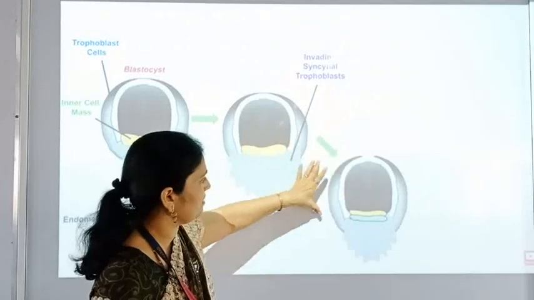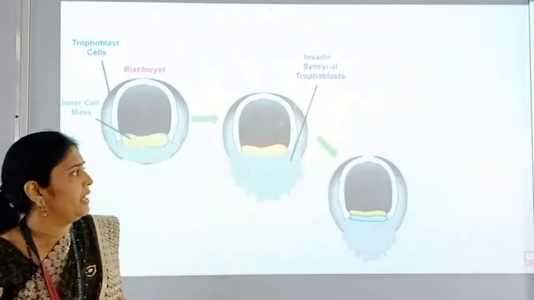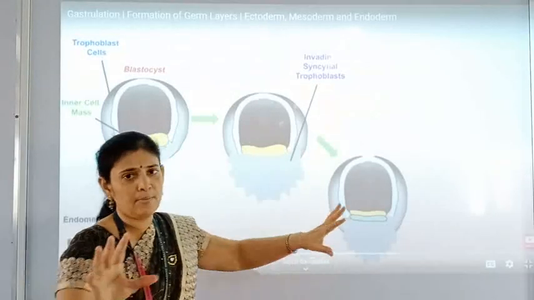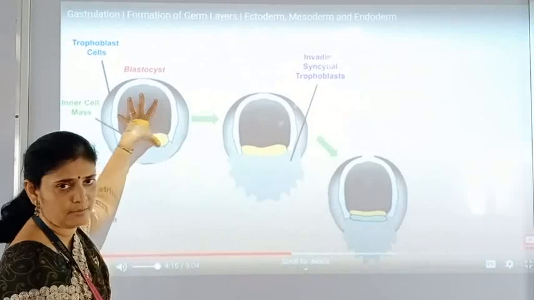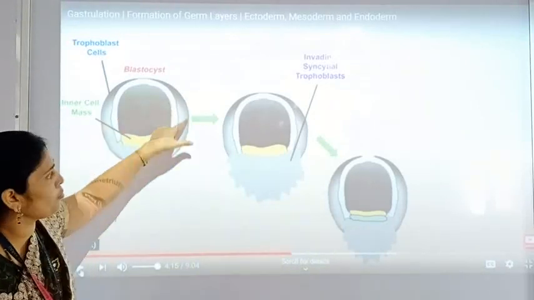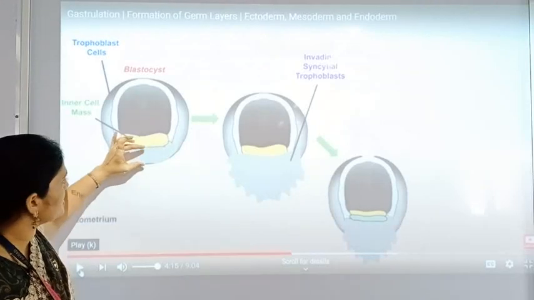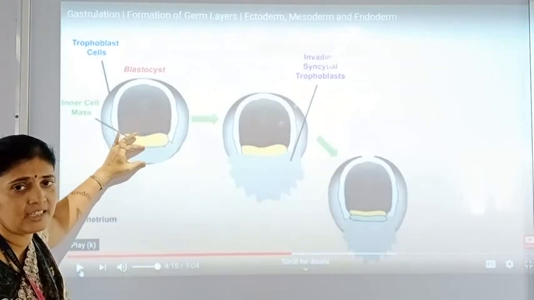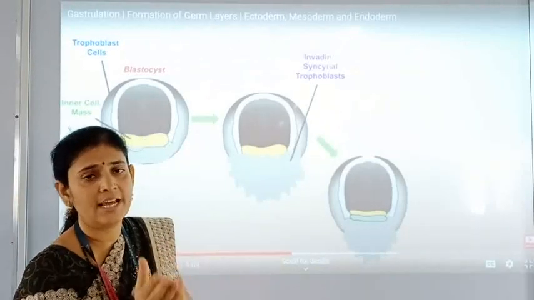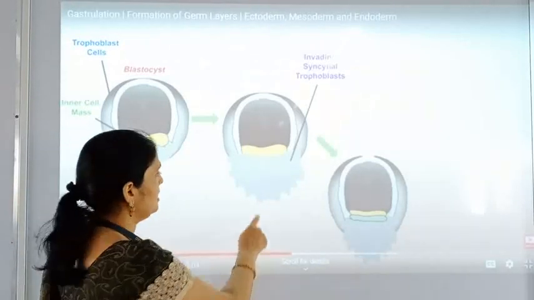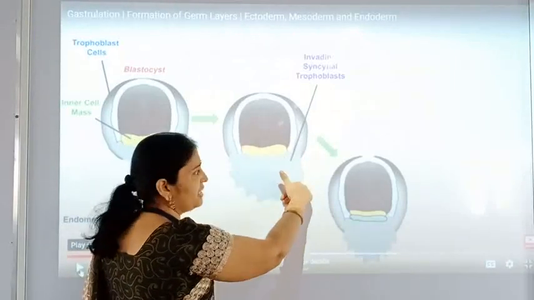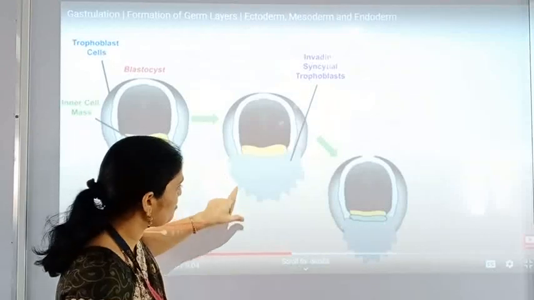You can see here the blastula and the inner cell mass, and this is the trophoblastic layer. At this region the trophoblastic layer is divided into syncytial trophoblast and cytotrophoblast. The syncytial trophoblasts invade into the endometrial glands and completely make a burrow.